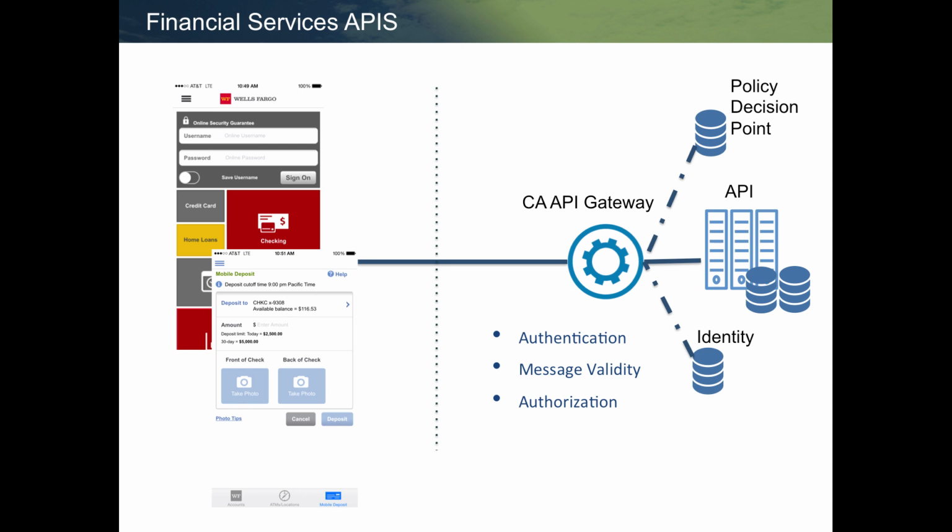And the cool thing that has happened with the advent of APIs and the advent of mobile applications at the same time is I've got this capability now to do something that I was not able to do before. So on my mobile device, I can deposit checks instead of driving over to the bank. I can deposit multiple of those. And here it shows that in action, where I've got a mobile deposit going on in the mobile application.